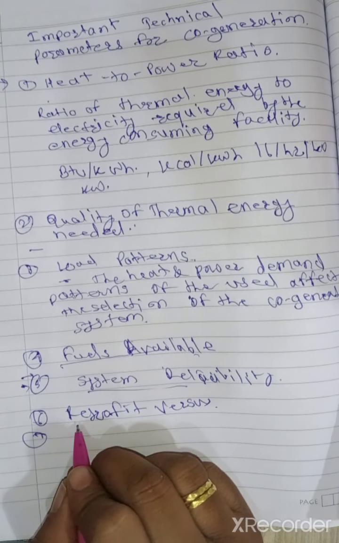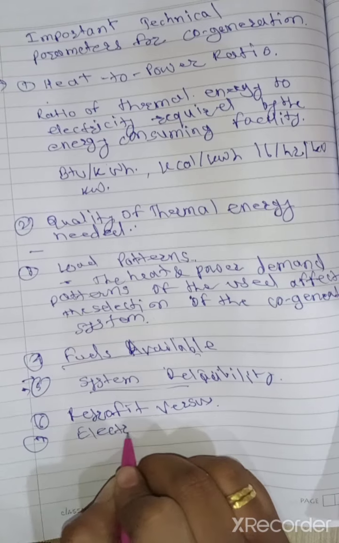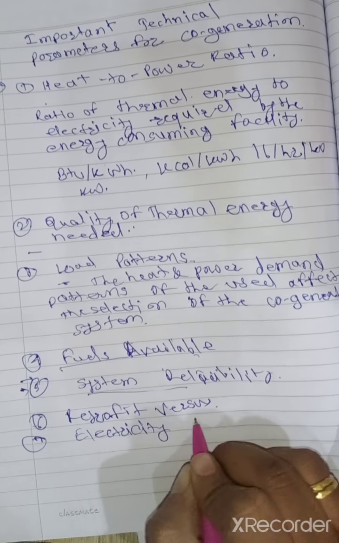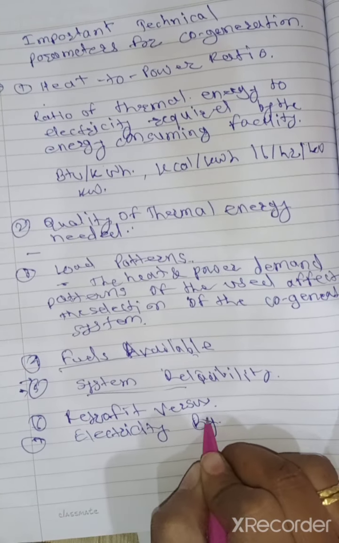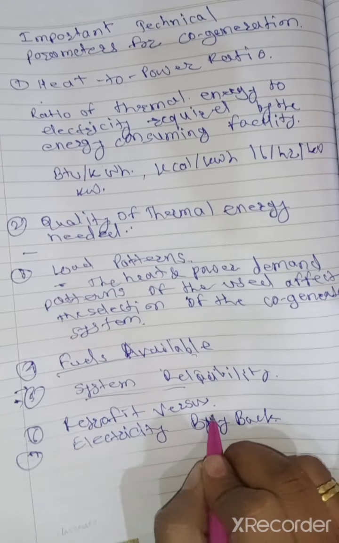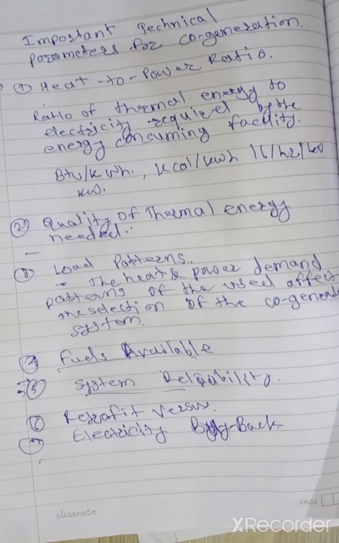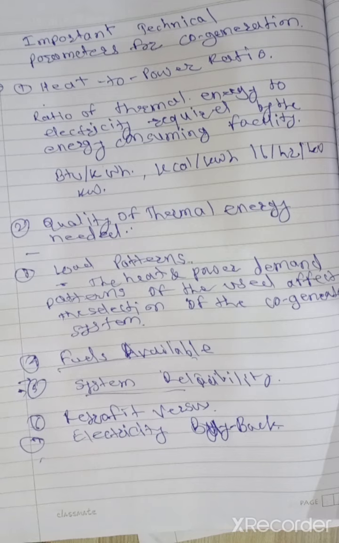Seventh parameter is electricity buyback. See here, the technical consideration of a cogeneration system must take into account whether the regulations permit electric utilities to buy electricity from the cogenerators or not.